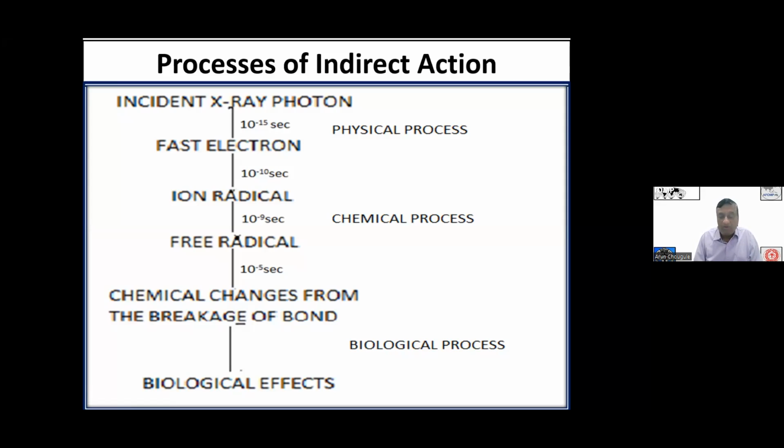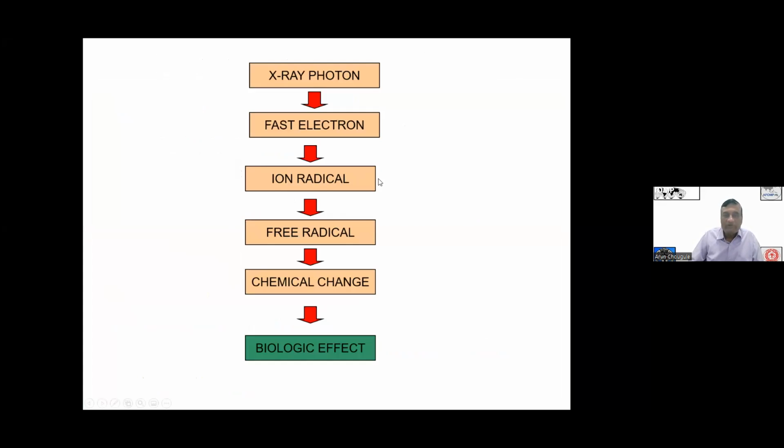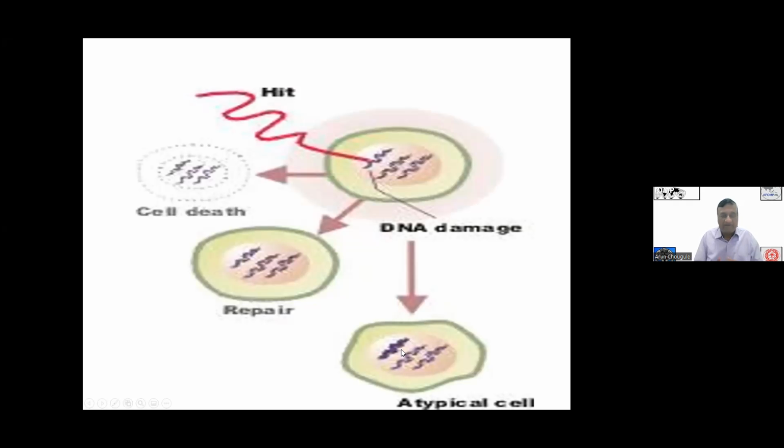And this biological effect process can continue for a day, for a week, or for a month also. So X-ray photon, fast electron, ion radical, free radical, then chemical changes, and finally it results in the biological effect. And as I told you, the end biological effect can be controlled by radioprotectors or radiosensitizers.